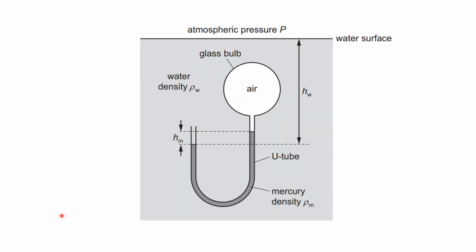So let me draw a line at the level where they have the same pressure. Identify the left side of the tube and the right side of the tube.